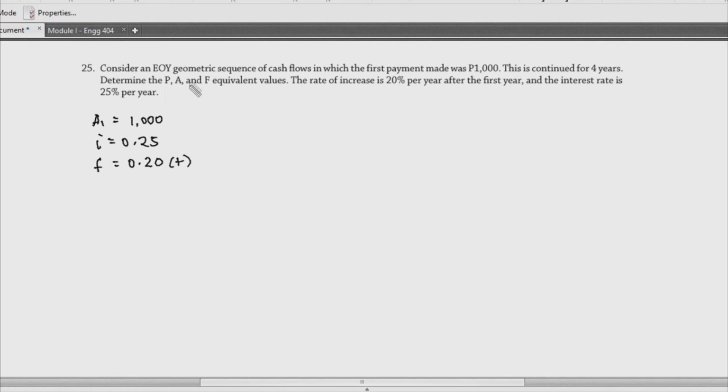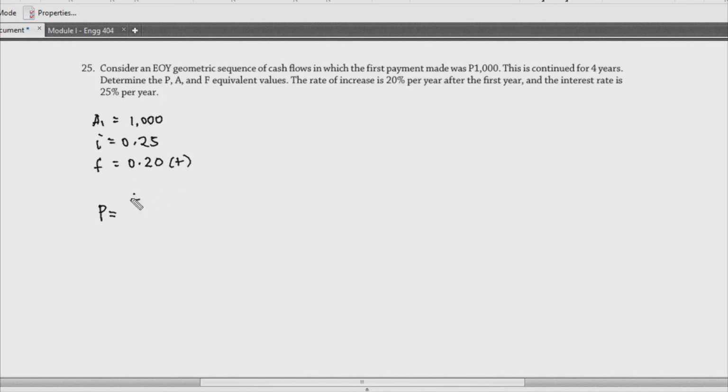The easiest for us to do, since what's in your handout is just the P value, is to use P. There are two equations because this is a piecewise function. If I is equal to F, then the first equation does not exist, so we have to make sure that I is not equal to F. Here, I is not equal to F, so we can just use the first equation.